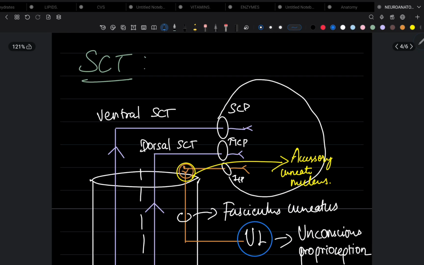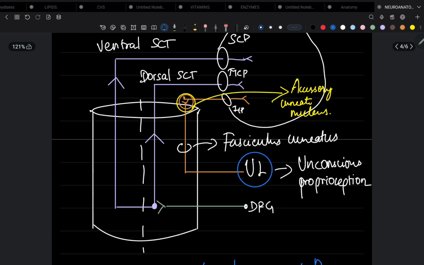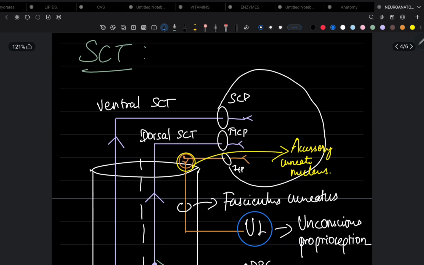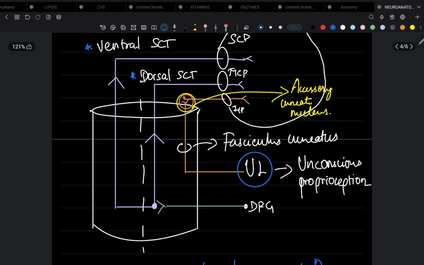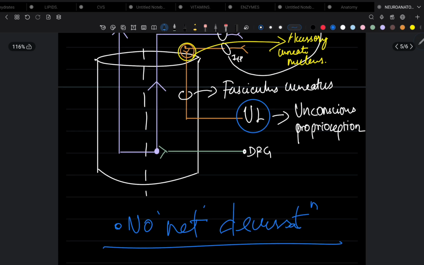And SCT, which is spinocerebellar tract, carries information from the body parts through the spine and relays on the cerebellum. So there are two spinocerebellar tracts we should remember. One is ventral spinocerebellar tract and another one is dorsal spinocerebellar tract. The interesting thing in this pathway is there is no net decussation.